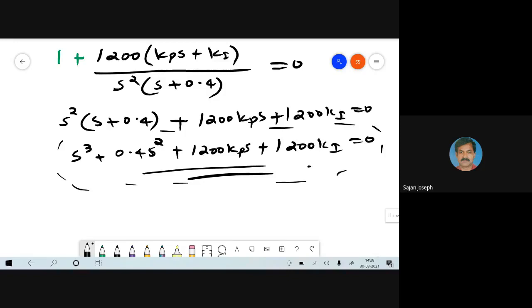Kp and Ki. By controlling Kp and Ki, can you control all the roots of this equation?